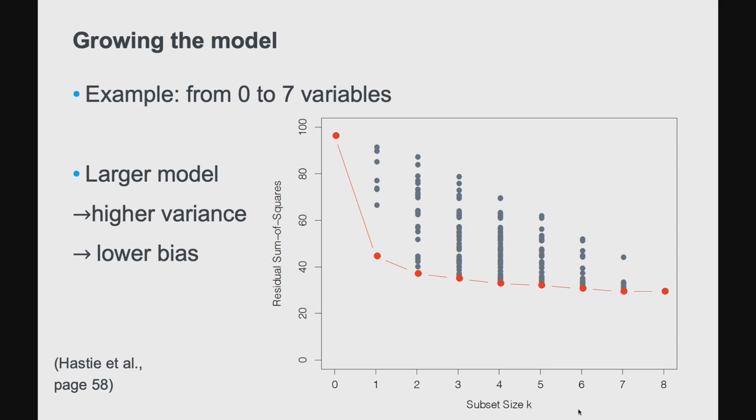And so the mean squared error, or here the residual sum of squares, is very high. Now when you go to 1 random variable, you do a big jump in reducing this error. Well, it depends how big this jump is, depending on which variable you select. Do you select x1, x2, x3, x4, or whatever, x7?